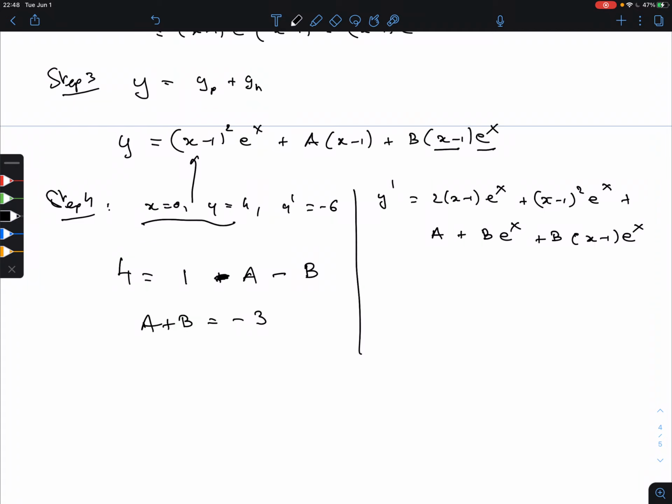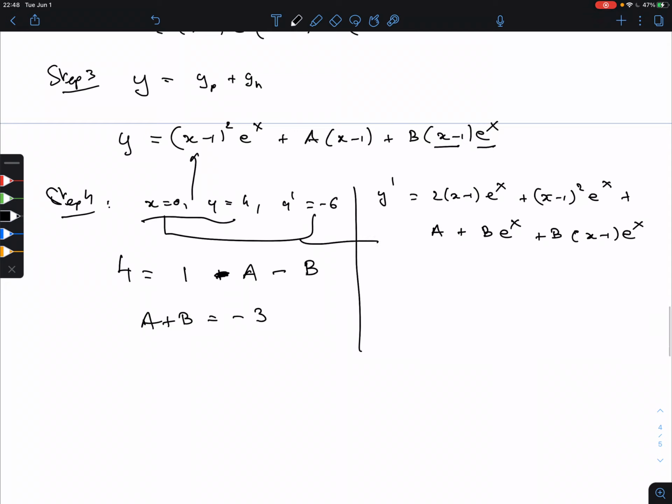And so if I plug in now these two, then I get that minus 6 is equal to minus 2... this will be 1. Then plus a, there's nothing there. That is a plus b, and that is a minus b. Oh, so the b's cancel, and I see that a is minus 6 plus 2 minus 1. That seems to be minus 4. No, that's not right.